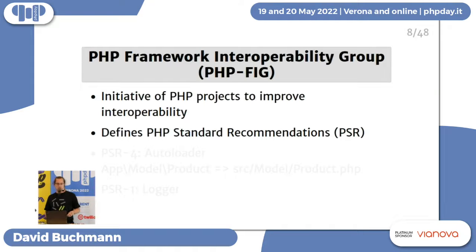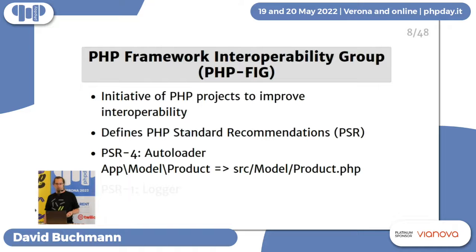And I'm sure that you're using some of it. For example, I guess these days everybody is using PSR-4. You put your PHP code in the file system in a way so that you don't have to require once at the beginning of your file to have a class available anymore.